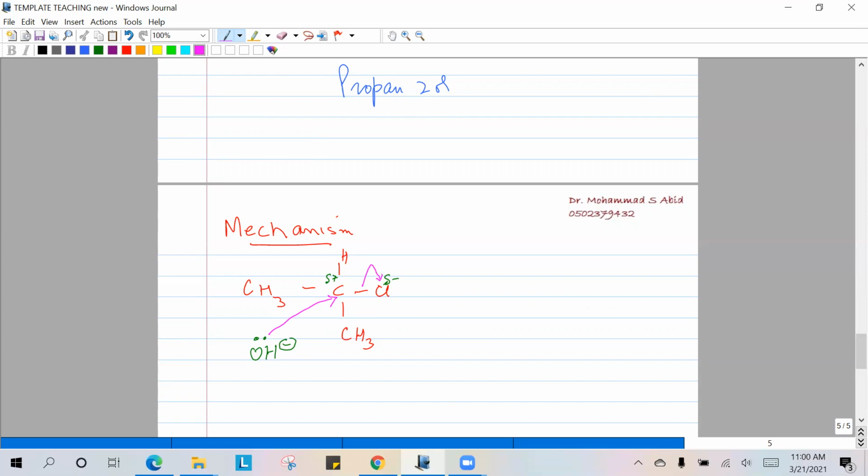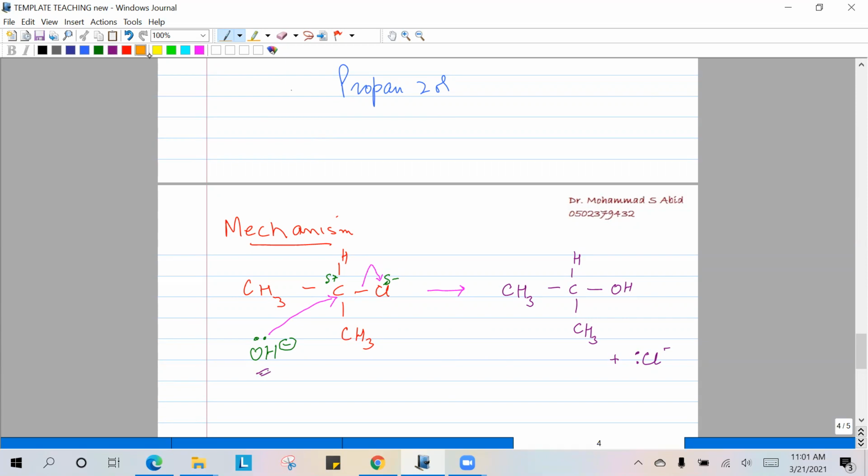Cl is more electronegative, so it takes away the electrons, and you end up with CH3 over here, and in place of the Cl you get the OH, and the Cl minus is left out. Now this will combine with the K or the Na from the OH. So if you have Na over here, it will combine with this to form NaCl and so on.